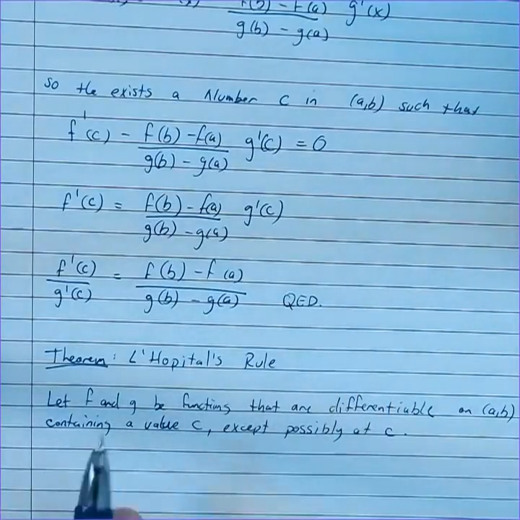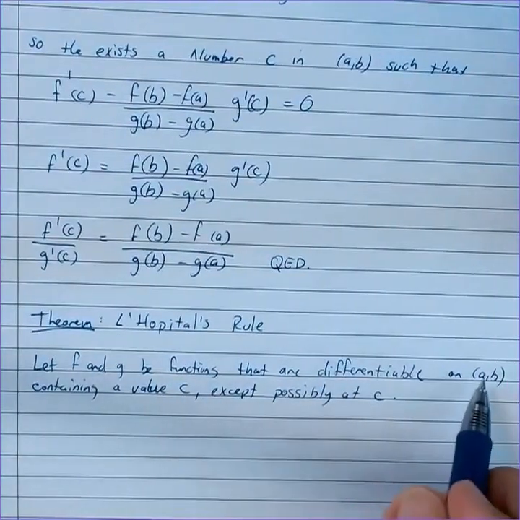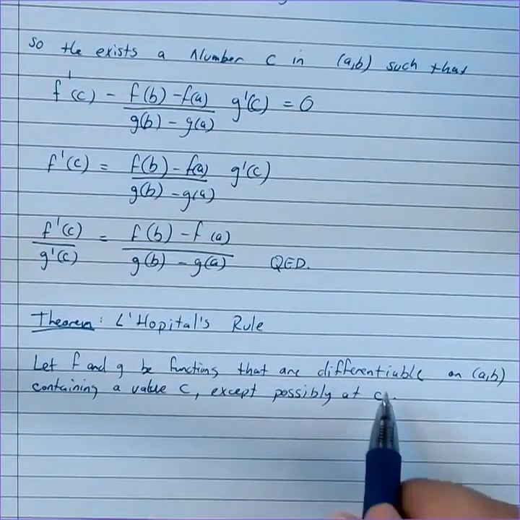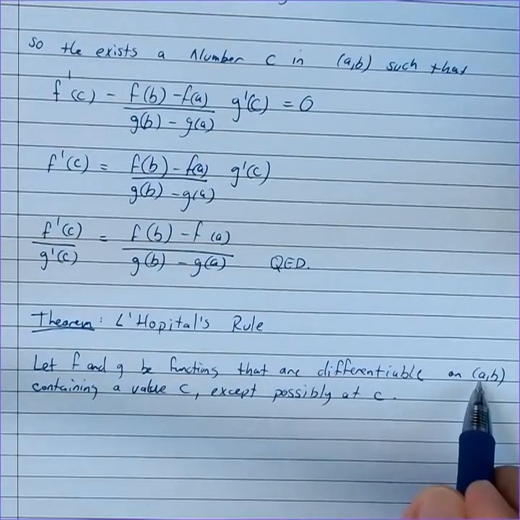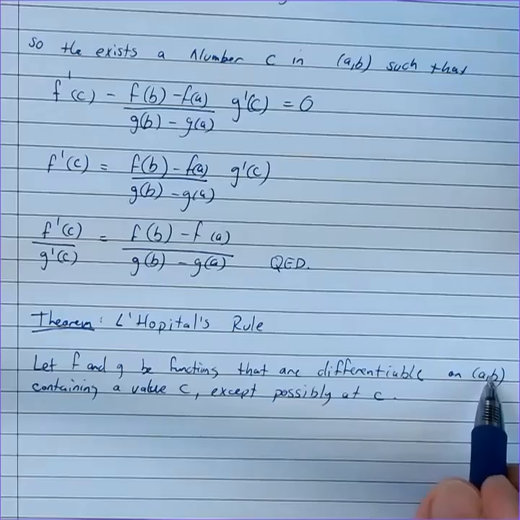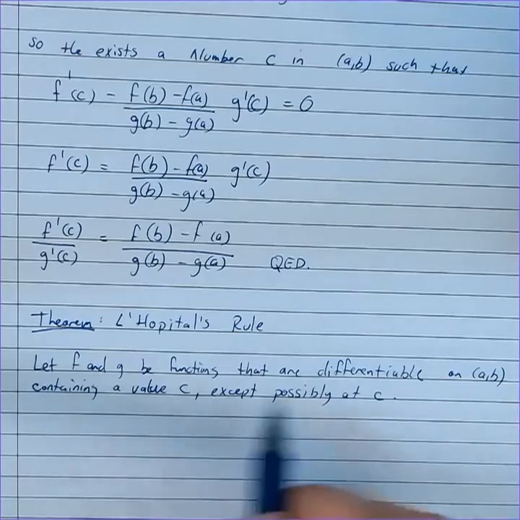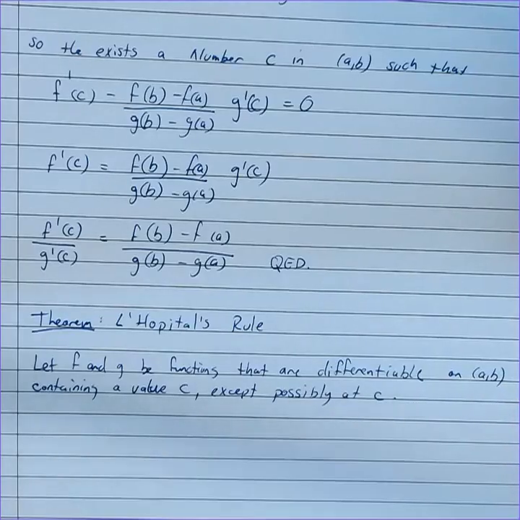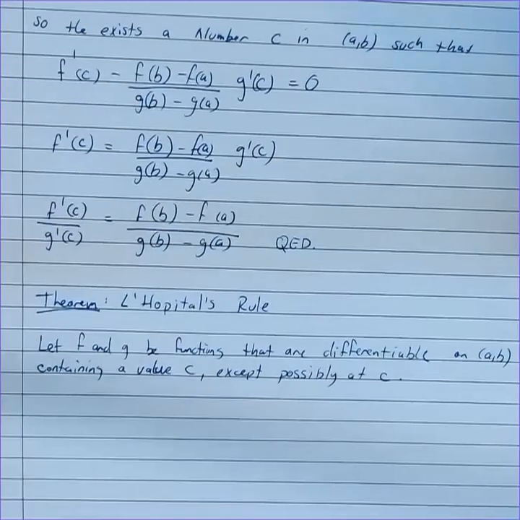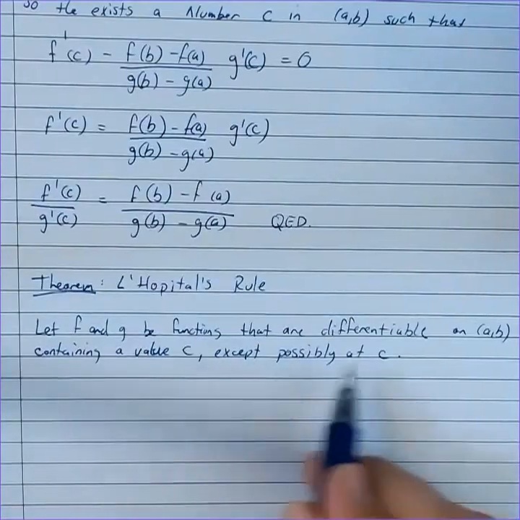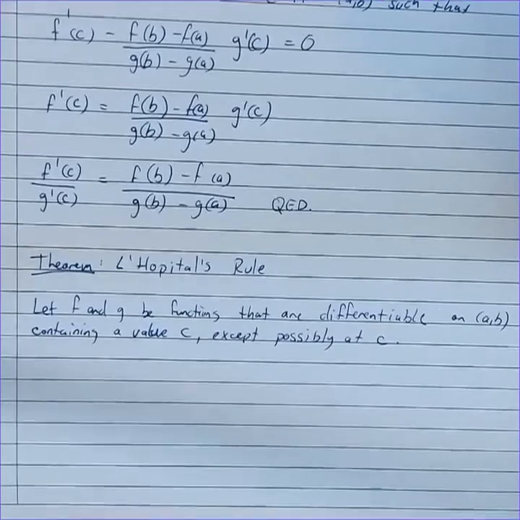So here you have two functions that are differentiable everywhere in here except maybe at one number. Right? If your function is differentiable on the interval from 0 to 100, it's differentiable everywhere in there except maybe at the number 5. There's a single point where maybe it's not differentiable. Maybe it is, but again, we have the possibility that it's not.